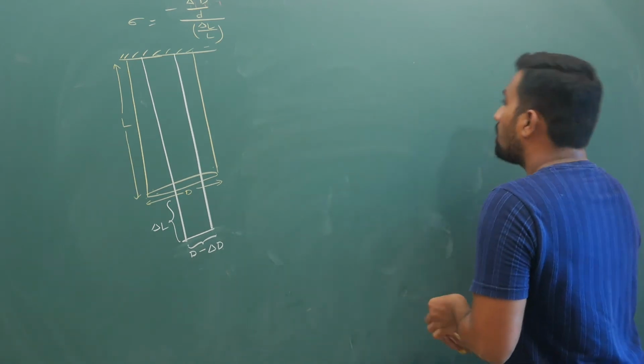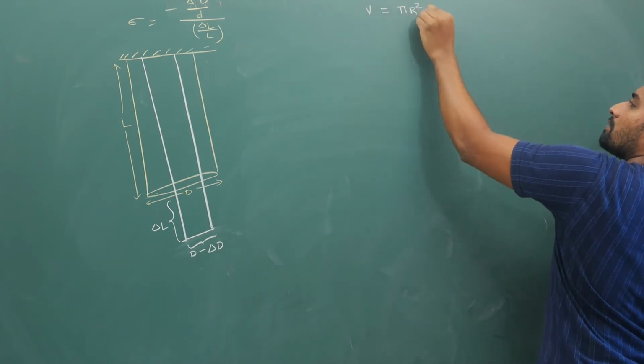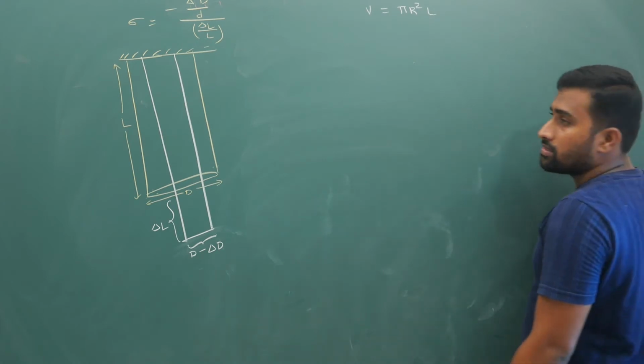Okay, now we know that our volume is pi r square into L for a cylindrical wire. For this I will calculate your Poisson's ratio.